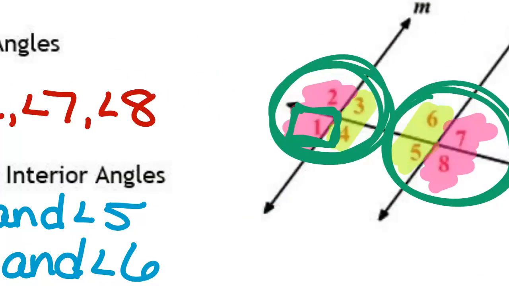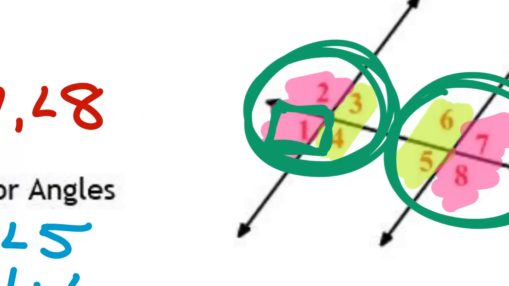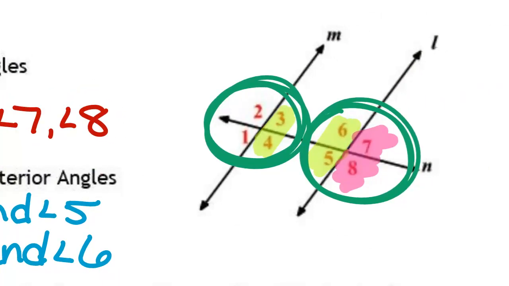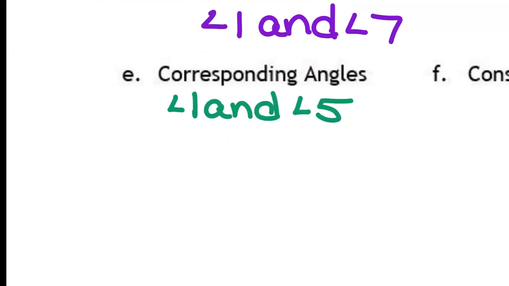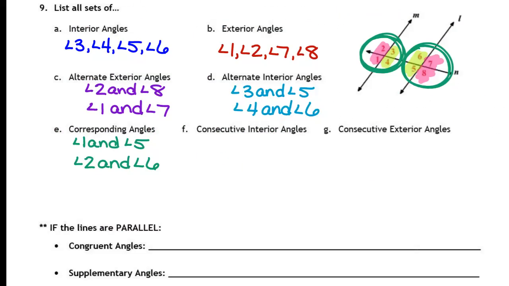What would be corresponding for angle 2? What would have the matching corner on the other intersection from angle 2? 2 and 6, yes. Angle 2 and angle 6. They're both in the upper left.